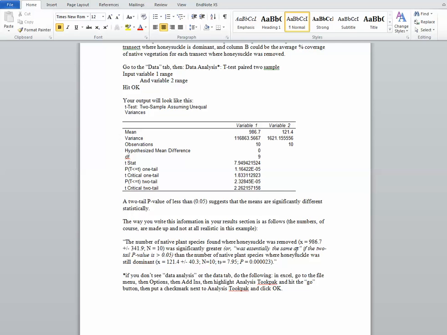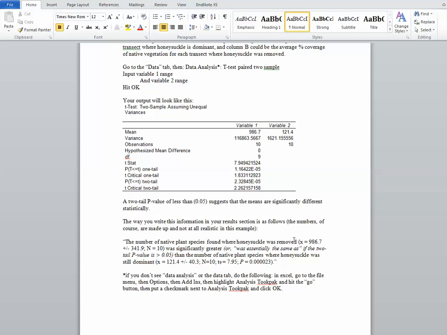So that's why you need means and standard deviations. Then I put a semicolon here, and the n value, that's the number of replications that you had. For the last example, it would have been n equals 4. For this data set up here it is n equals 10. So you put that in parentheses after you said where honeysuckle is removed.